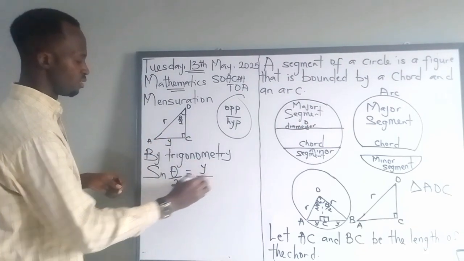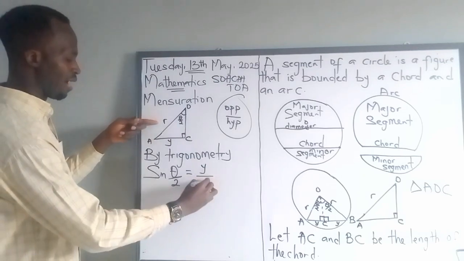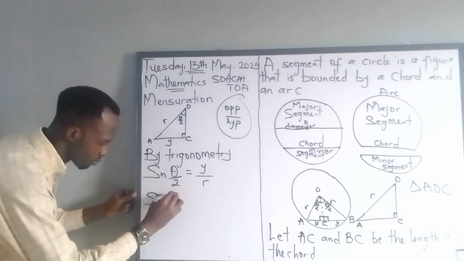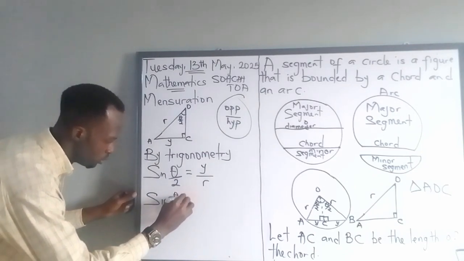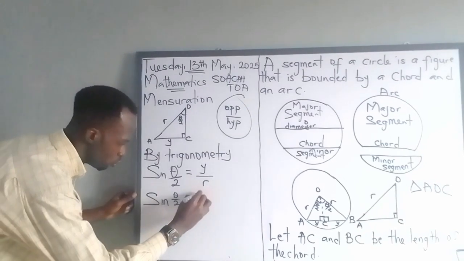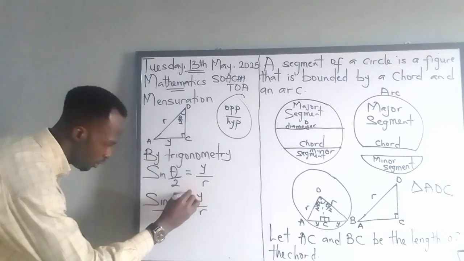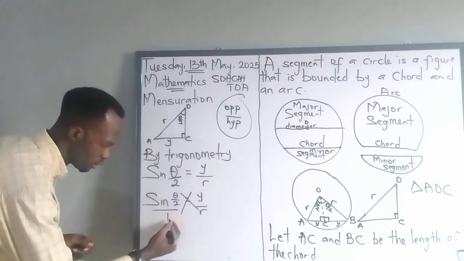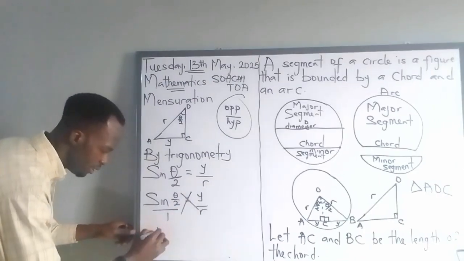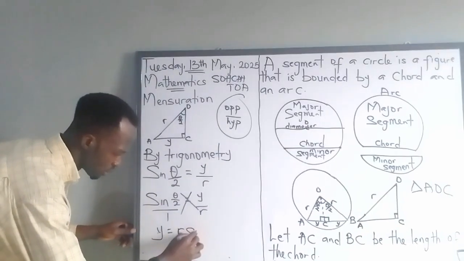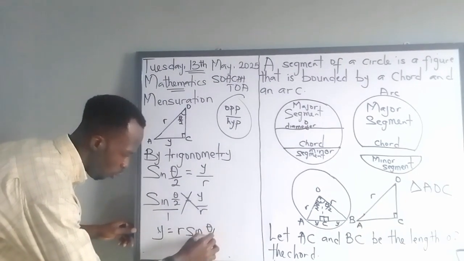Y, over hypotenuse R. So sine theta over 2 is equal to Y over R. This also can be over 1. By cross multiplication, 1 times Y is Y, and that's equal to R sine theta over 2.